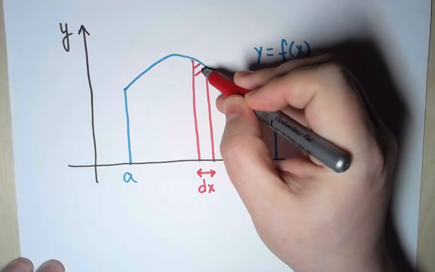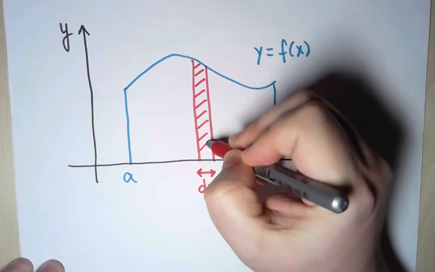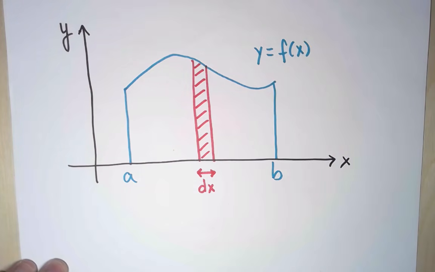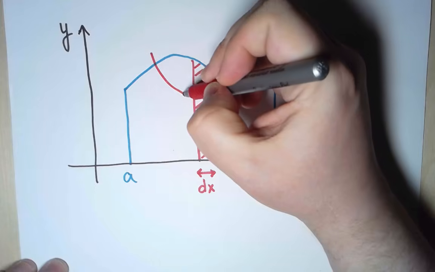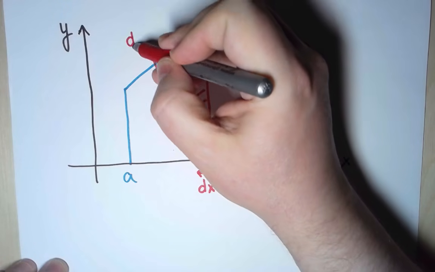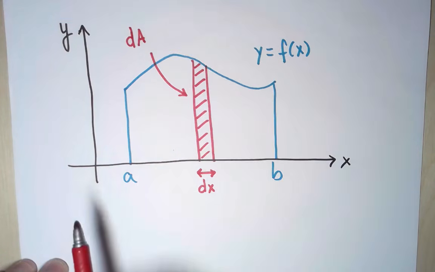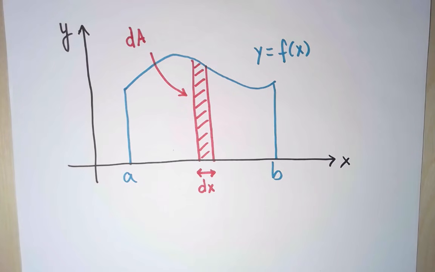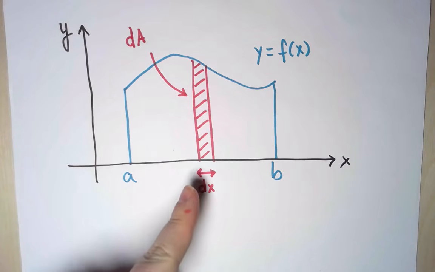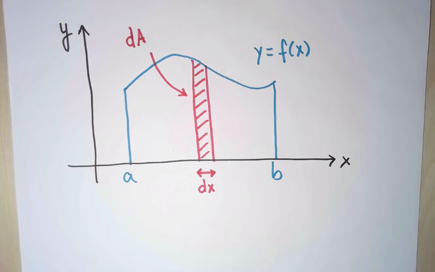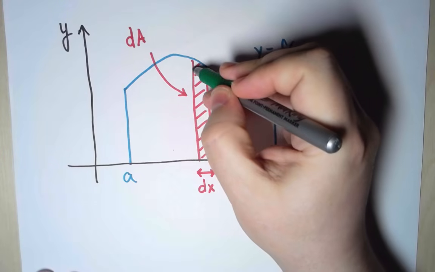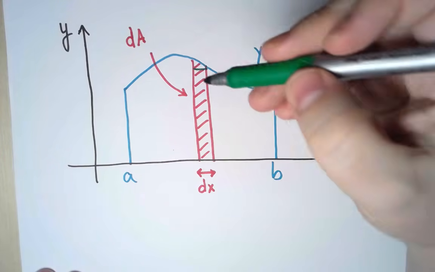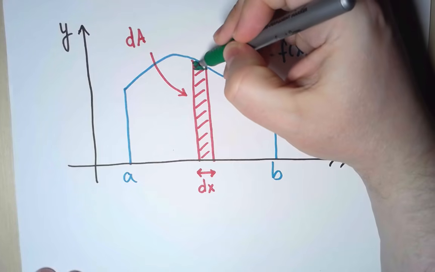And I'm looking now at the area of this slice. Since this is infinitesimally small, so will the area be. And therefore, I'm going to call its area dA, because it's also an infinitesimal. Now, when I pretend that this is a rectangle, it's not an approximation, but is exact. And here is why. If I calculate the area of this slice by a rectangle, then the error I'm making is just this piece.